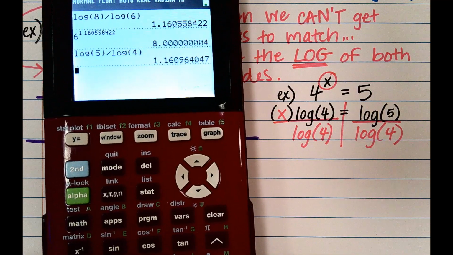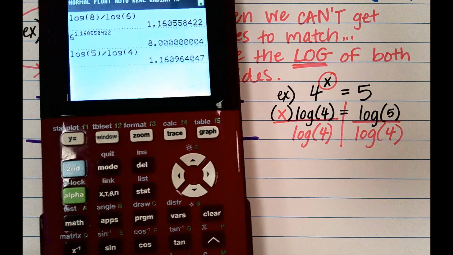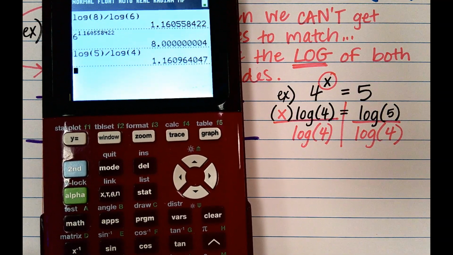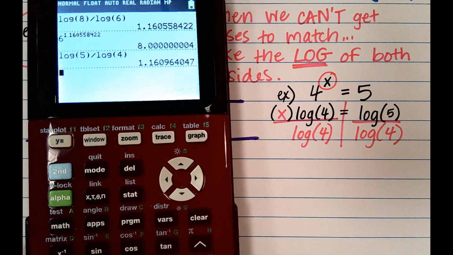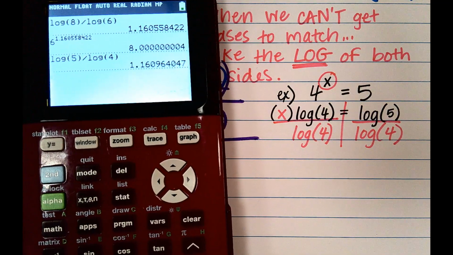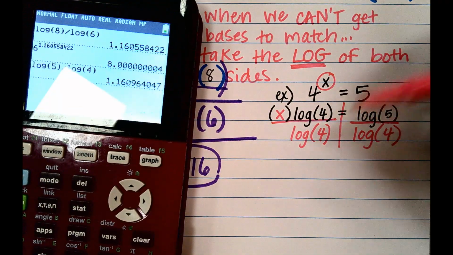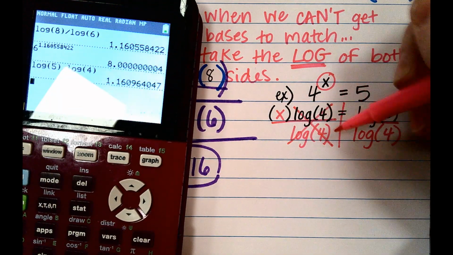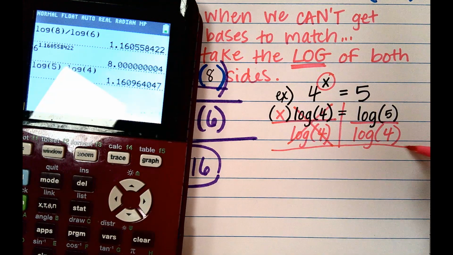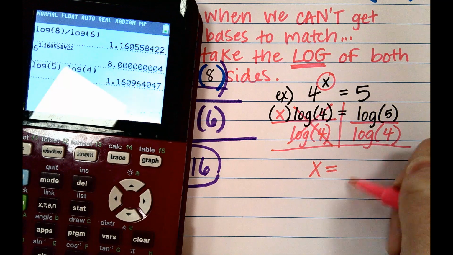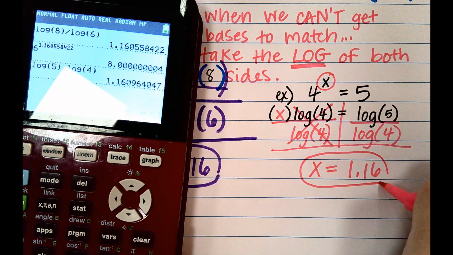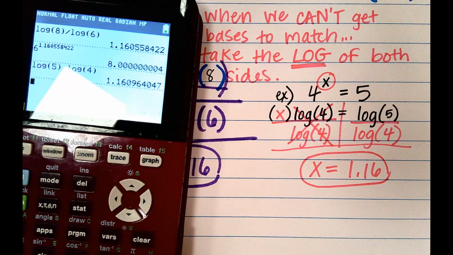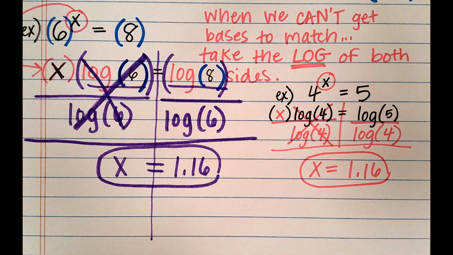Yeah, it's super, super close to that last answer, 1.160964047, which I suppose we could just round again to 1.16. So yeah, it's about the same answer. So that log of 4 canceled on my left side. We did log of 5 divided by log of 4, and we got x equals about 1.16. Crazy.